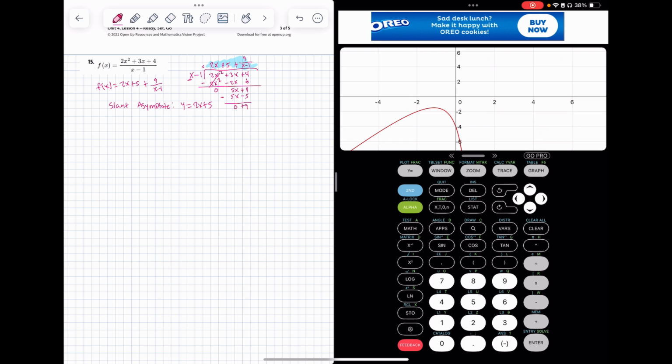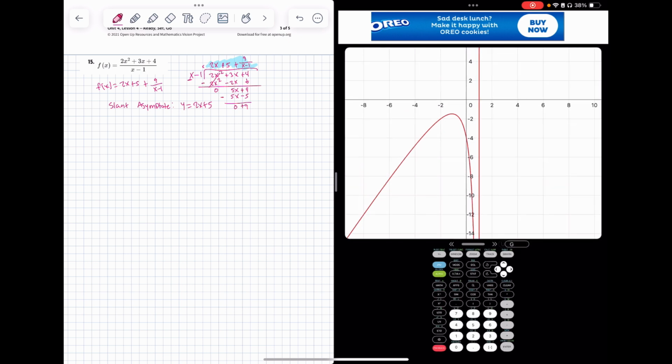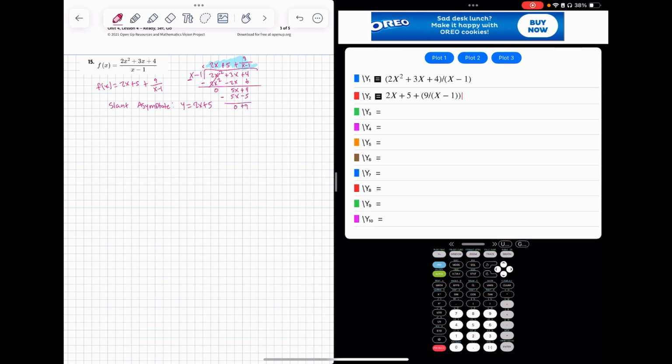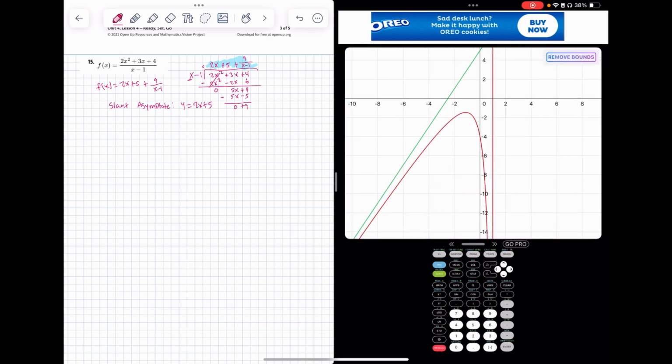So beautiful. And then my slant asymptote, let's graph the function 2x plus 5. So there you go, right? So my slant asymptote is exactly 2x plus 5.